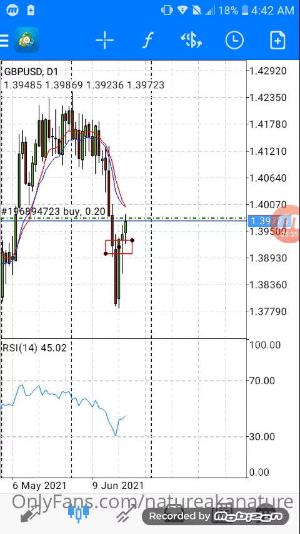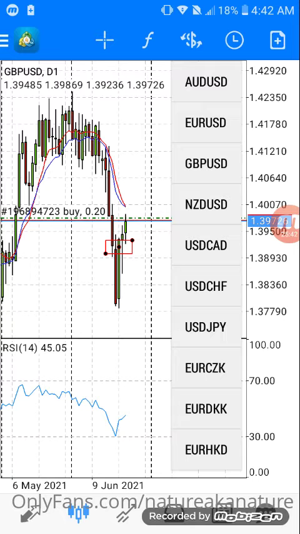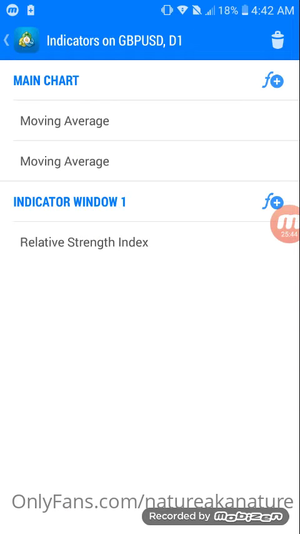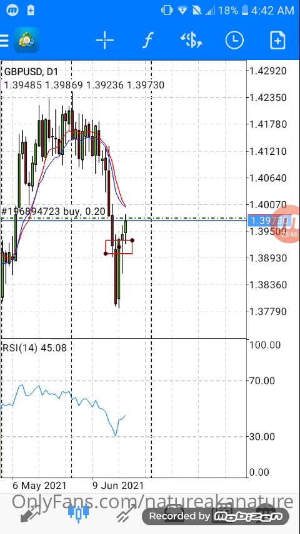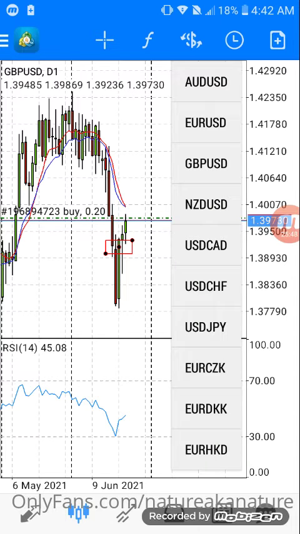So yeah, the top buttons right here. At the top, the icon with the money sign is different. The F sign lets you look at different indicators for moving averages and stuff. The money sign lets you pick on the different currencies.